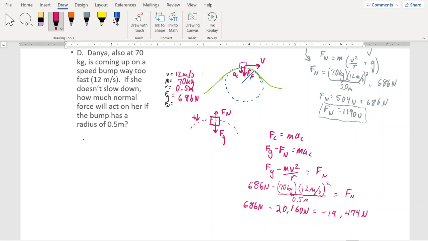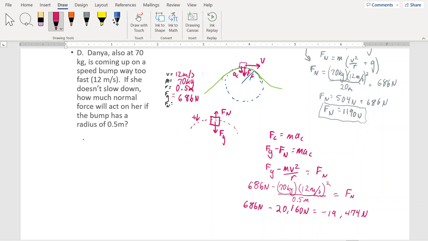Probably not. If this were a rigid object like a box going along at this speed, which is like 25 or more miles an hour, and it goes over this bump, that box would definitely catch some air. We would not actually be able to truly do circular motion because we would lose contact with the ground. Therefore, normal force is gone, and therefore it would really become a projectile.